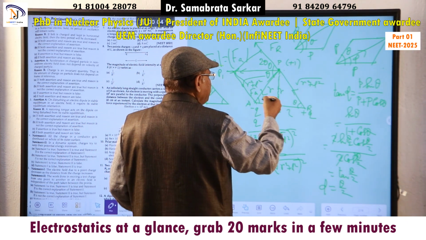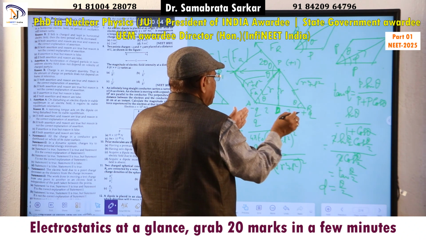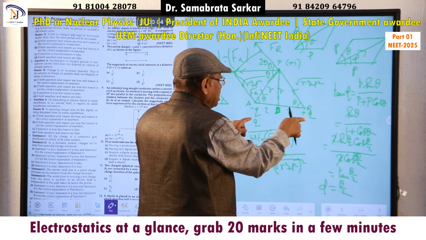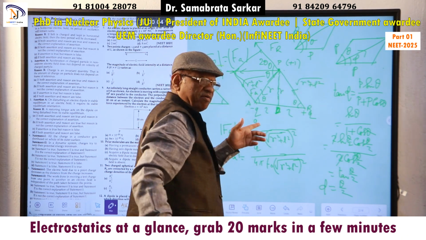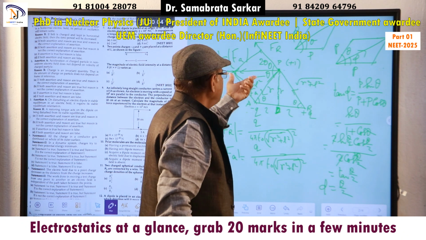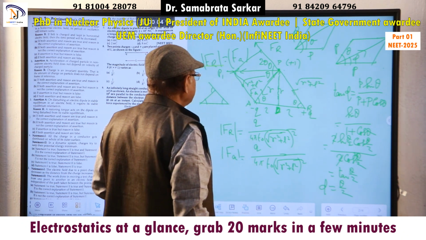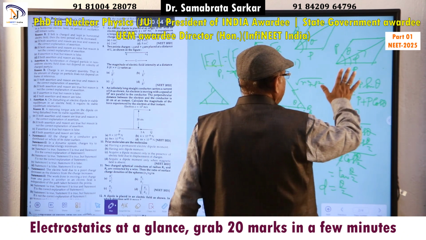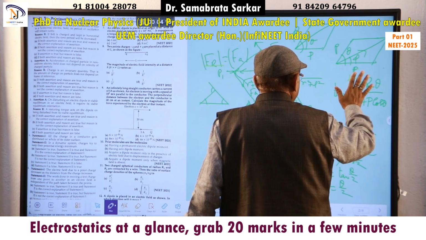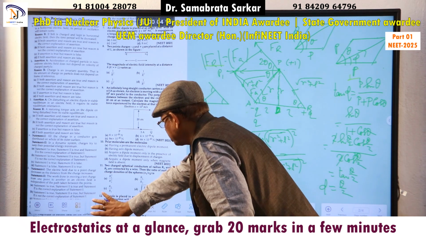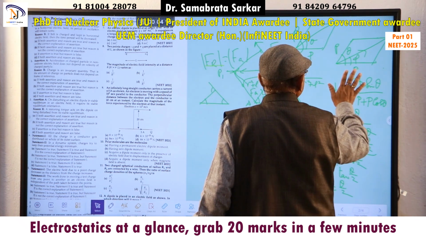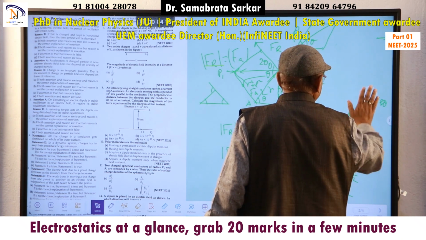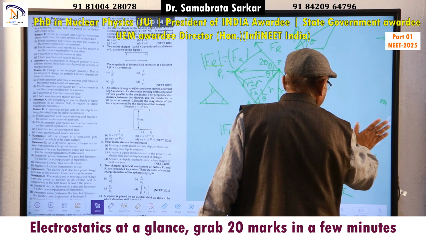If this is positive and this one negative, then the direction will be this. Am I clear or not? So this is your resultant. How can I find the resultant? Okay. So should I wipe out this portion? Just to see how I can do it. Am I clear? I suppose you have understood, right?